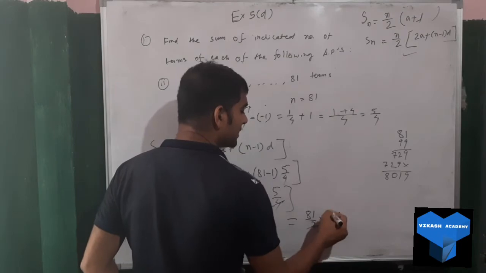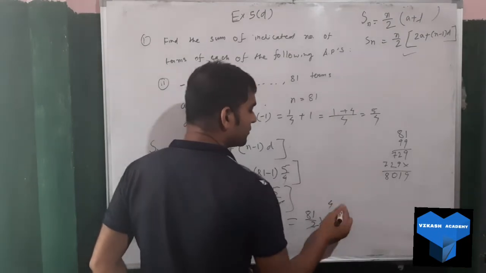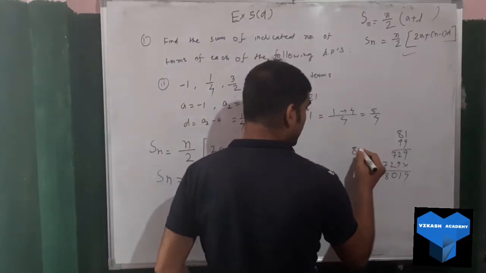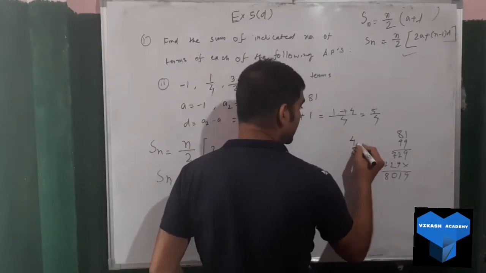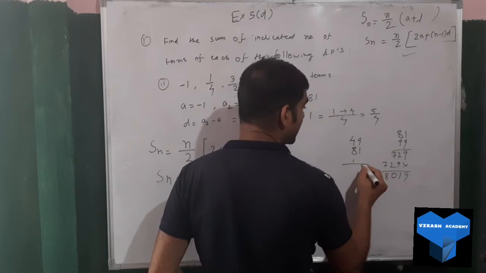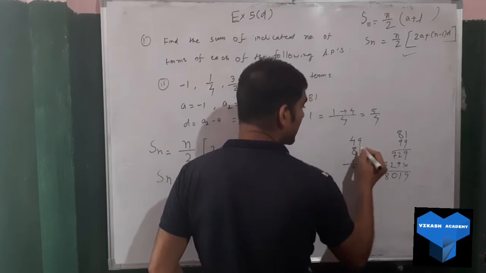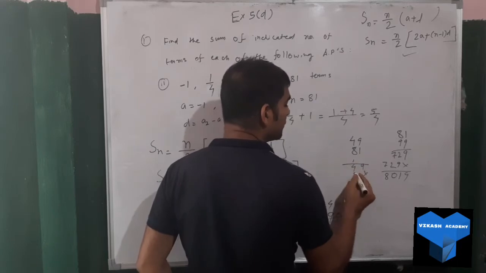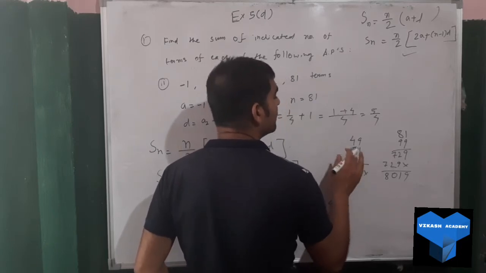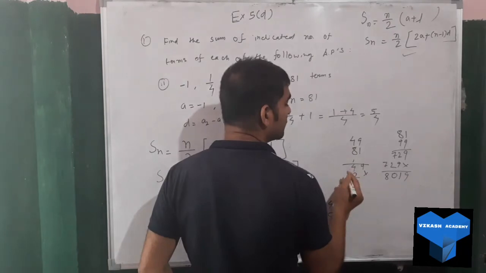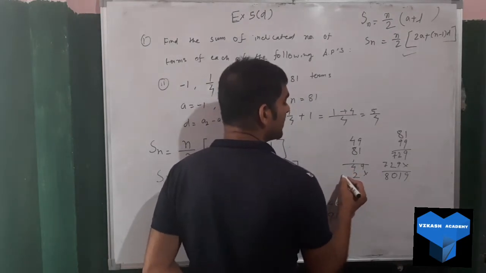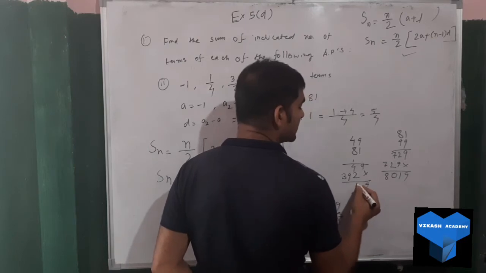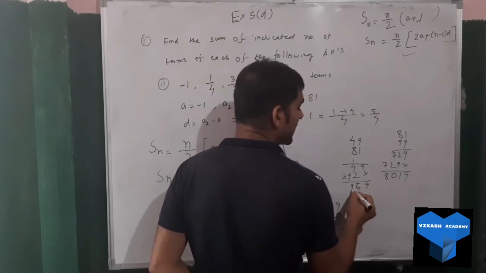When you cancel 2, you get 49. Multiply 81 by 49, and we get 3969.